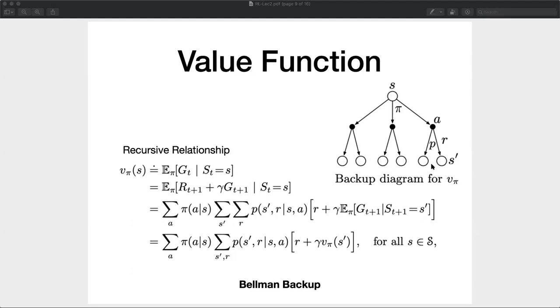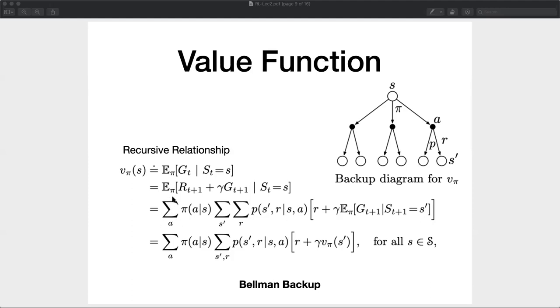You sum them all up times the probability of making that transition from S to S prime, given a certain action. And that's defined here: what is the probability of ending up in state S prime with a given reward, starting from state S, given a certain action? This is defined in that transition matrix, right?